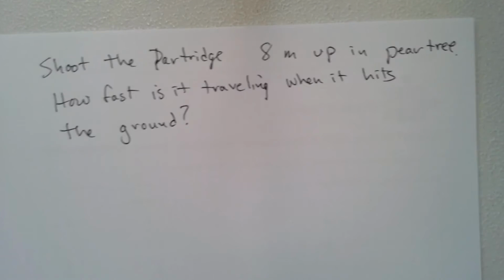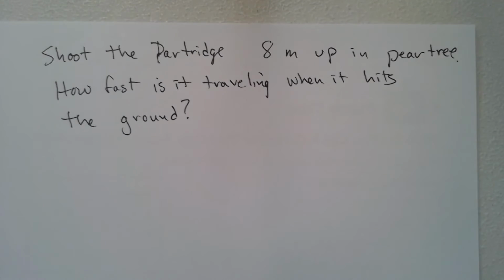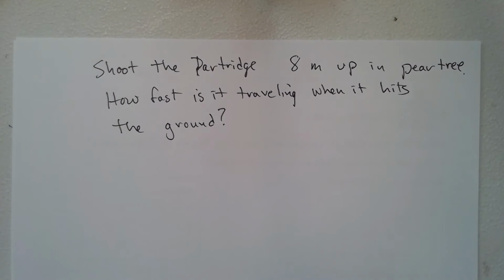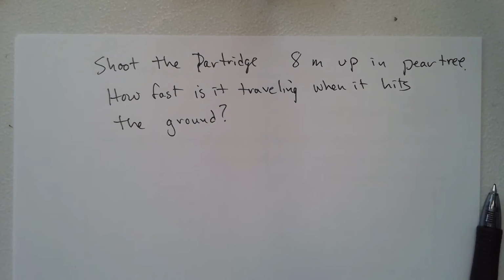So we're assuming that there's no air resistance, and some people here may be in physics, so you may know a formula to figure this out, but you don't need a formula. You just need to know calculus. But one thing you do need to know is the gravitational pull of the Earth in meters per second squared.